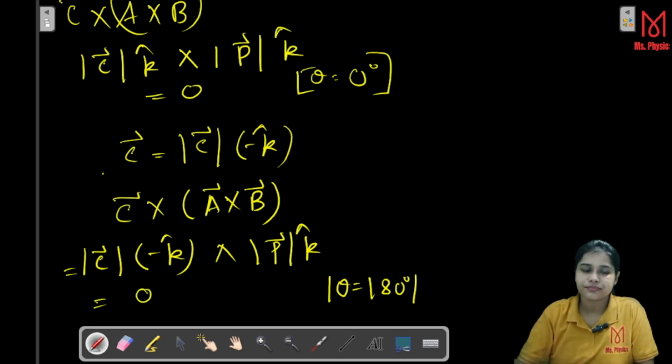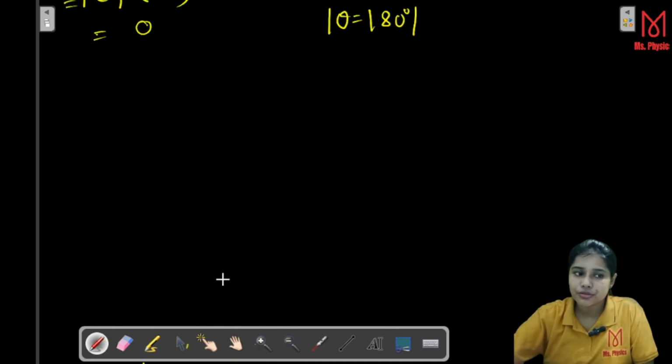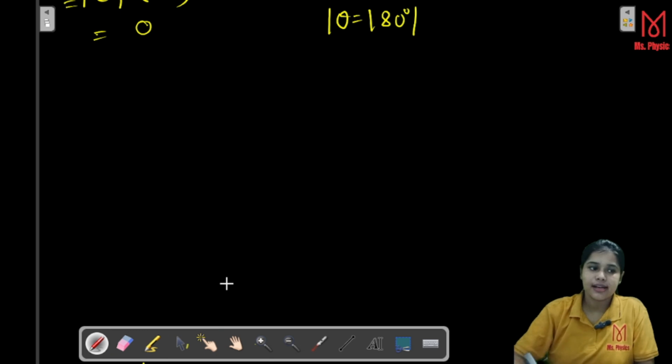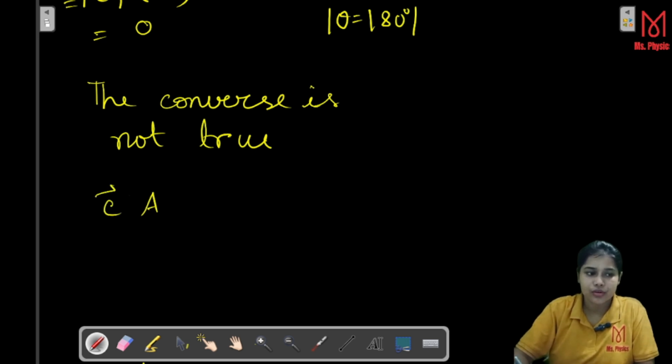Next, is the converse true? Obviously, the converse is not true. Now, why? Because suppose C cross A cross B is equal to 0.